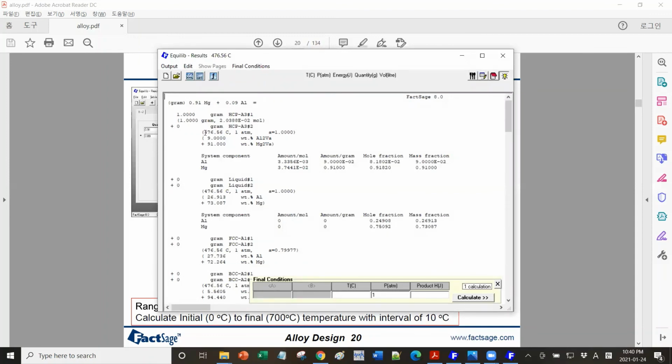Then at 476.56 Celsius degrees, at this temperature, the HCP A3 exists, and also liquid number 1 starts to form or disappear. And this temperature means the solidus temperature.